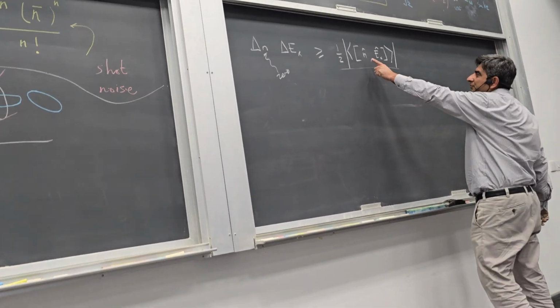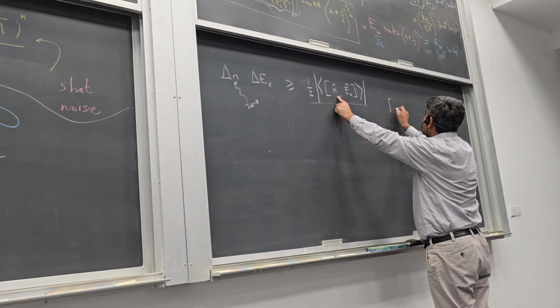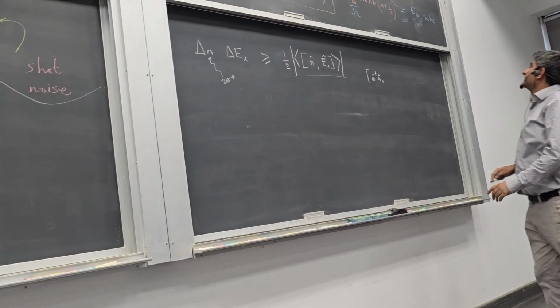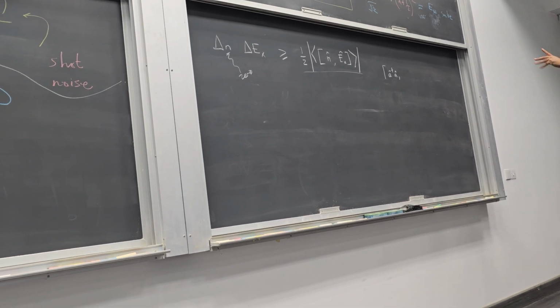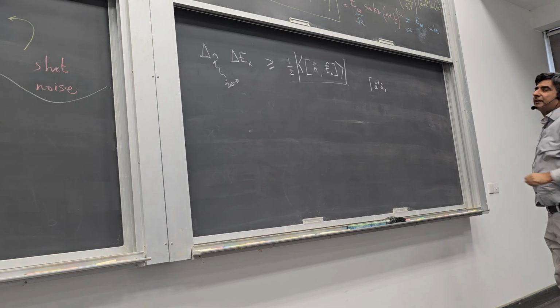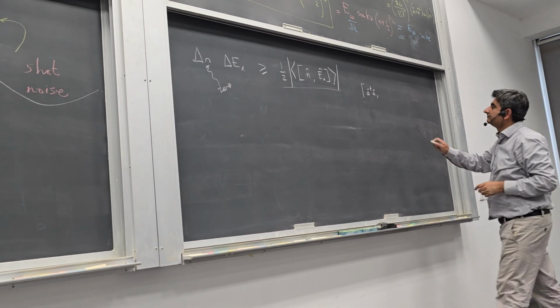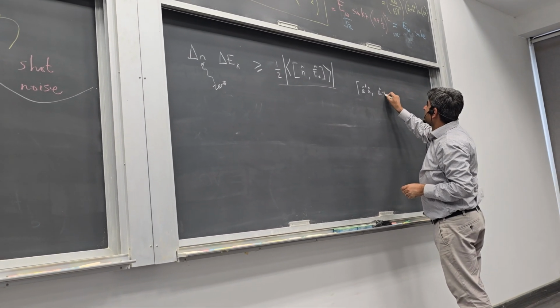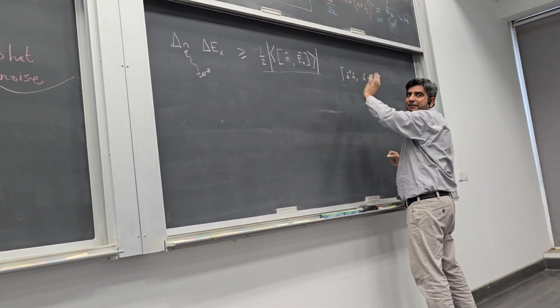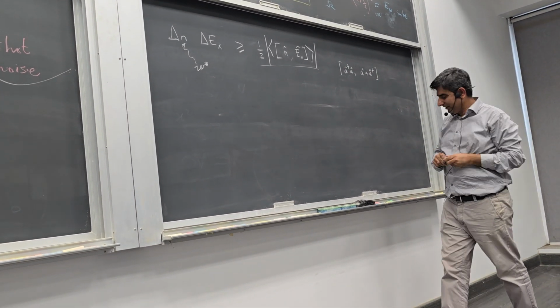So what you could do is take this operator n, which is a dagger a, and find its commutator with Ex. Now Ex is something proportional to a plus a dagger. So this is Ex with some factors here.